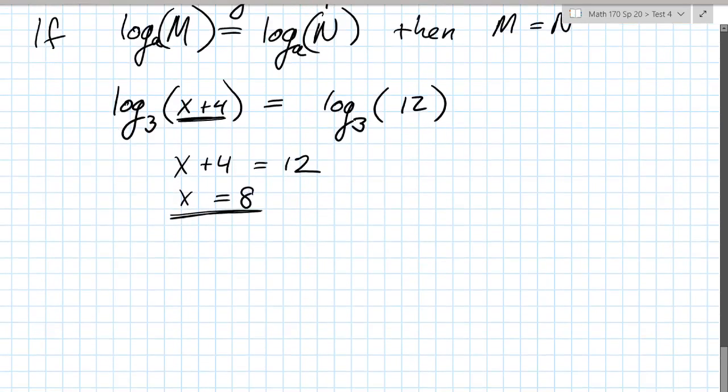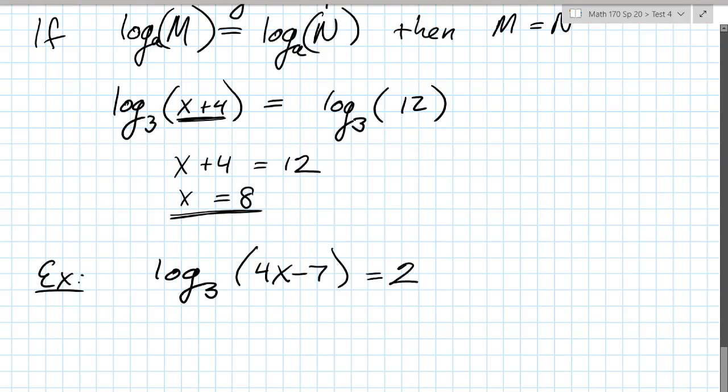Another type of log equation that we might see is if we don't have two logs, but we just have one log function. So if we've got something like log base 3 of 4x minus 7 is equal to 2.